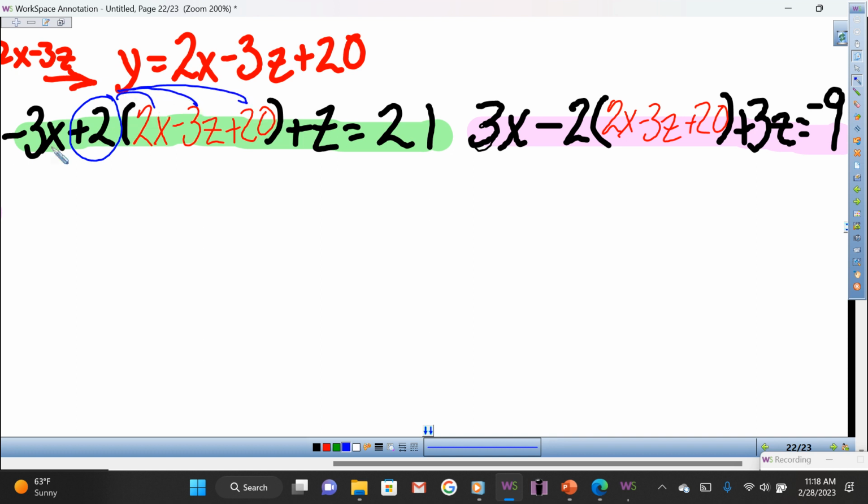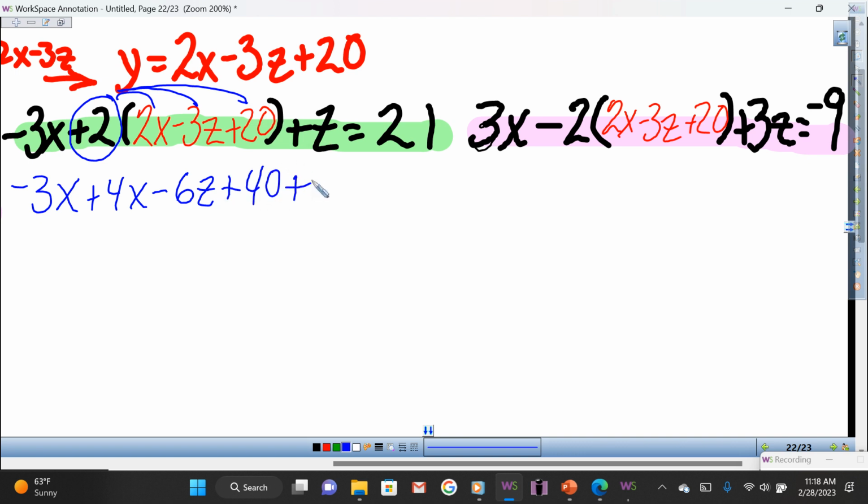So I bring down the negative 3x plus 2 times 2x is 4x. 2 times negative 3z, that's negative 6z. And 2 times 20, that's 40. Bring down the z, bring down the equals, and bring down the 21. Let's continue.